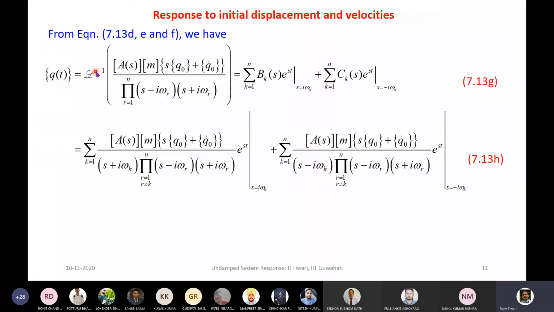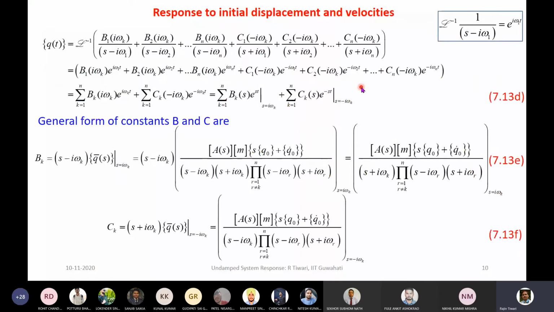So now the inverse transform of this, which we were obtaining using partial fractions, we could get in this particular form. And Bk and Ck we know: this is Bk from the previous slide, and this is Ck. Here you can see that r is equal to 1 to n, but not r equal to k, because this has been written for the k.